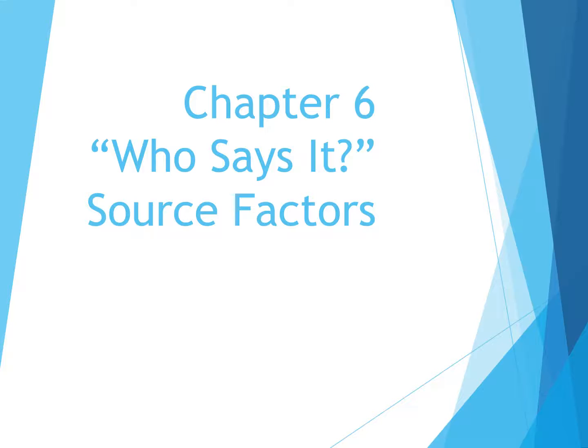Sometimes the source might be a company, and they may use several individuals within a commercial or presentation to demonstrate the main point they're trying to get across to persuade us to do something. But it cannot be emphasized enough how important source factors are in our ability to persuade an audience.